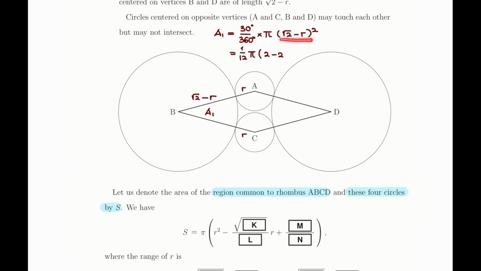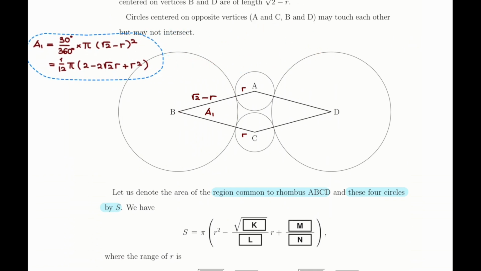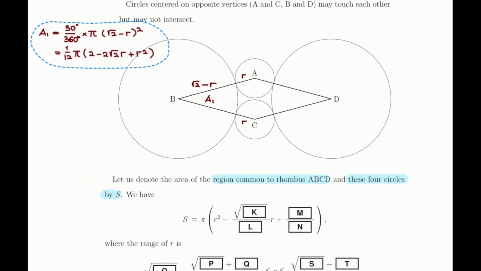And then if you expand this, 2 minus 2 square root of 2 R plus R squared. I do not want to simplify it first, so leave it here. And then I will find A2. Basically, A2 is the area of this small sector.